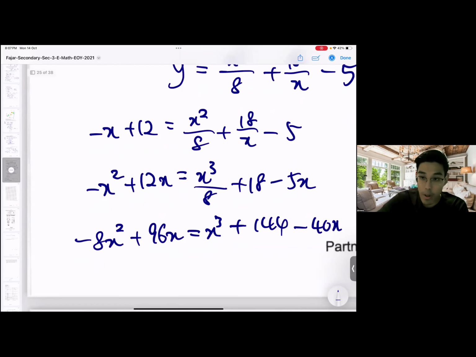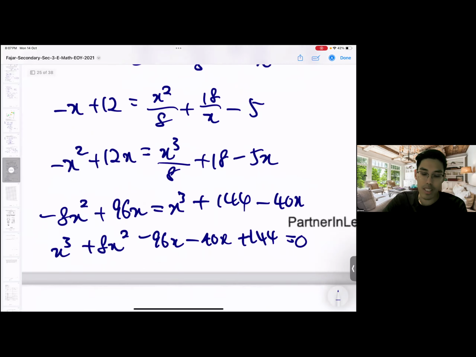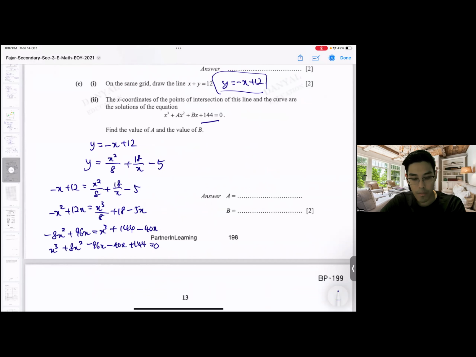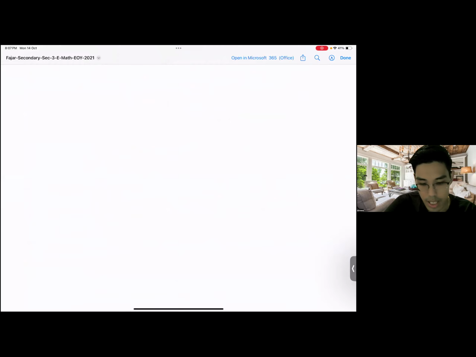Then we shift things around, so x cubed plus 8x squared minus 96x minus 40x plus 144 equals 0. You see that from here it fits the 144 already. And therefore, by observation, we see that a is 8, and b equals minus 96 minus 40, which is minus 136. That's my answer.